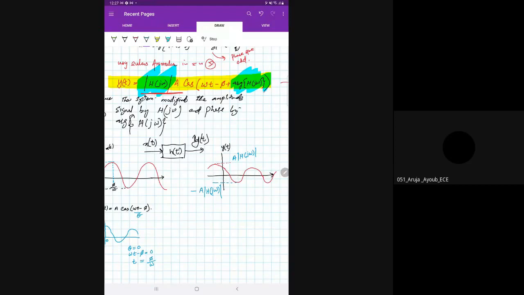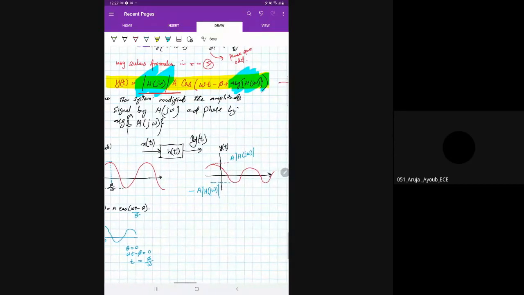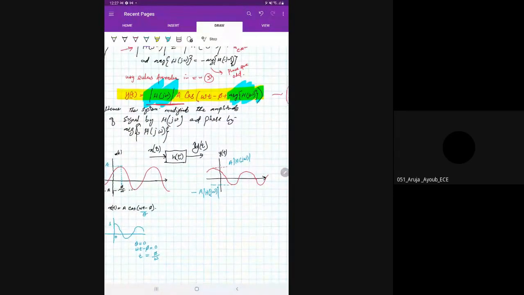Just as here it was plus a and minus a, similarly you will have this amplitude. And what should be the phase shift? Theta will be equal to 0. What is theta? Omega t minus phi plus argument of h of j omega should be equal to 0. Okay, so we have to calculate t here.